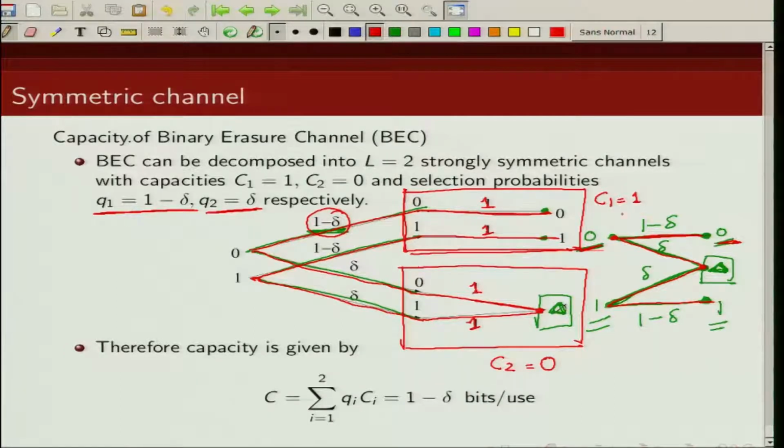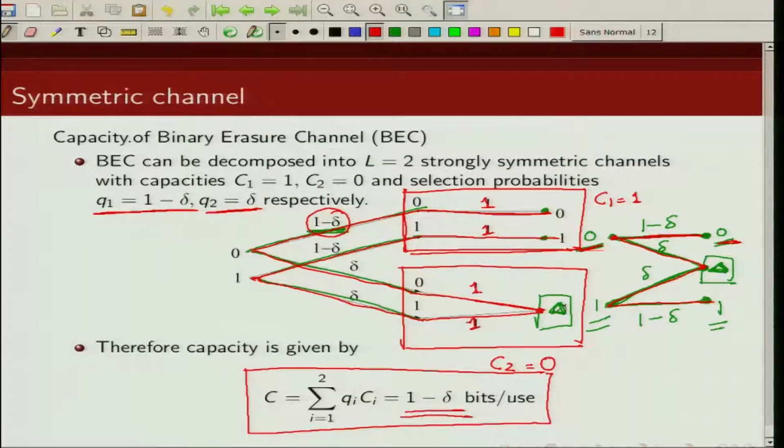So, the overall capacity will be the selection probability of this channel, which is 1 minus delta, times 1, plus delta times 0. So, the capacity of a binary erasure channel is 1 minus delta bits per second. Note that this binary erasure channel is not a strongly symmetric channel, but it is a symmetric channel because we are able to decompose it into two strongly symmetric channels.